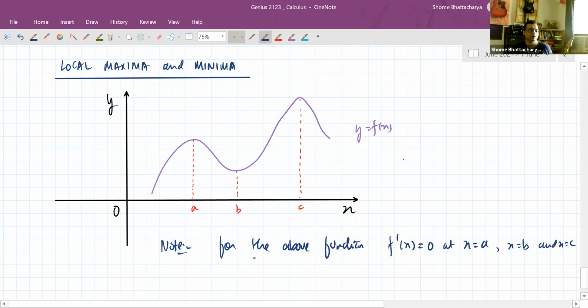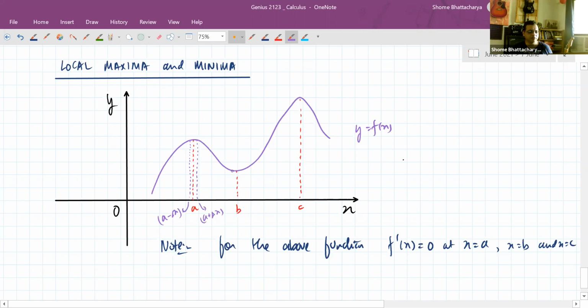Another thing we can see is that if you look at the immediate neighborhood of the point A, it again comes down to that definition of limit delta x tending to 0. If I compare 3 points, one at A minus delta x, A itself, and A plus delta x, then out of these 3 points, f(A) is maximum.